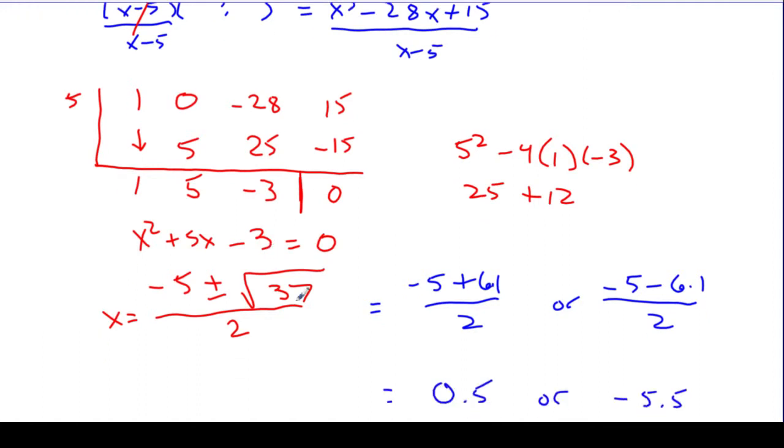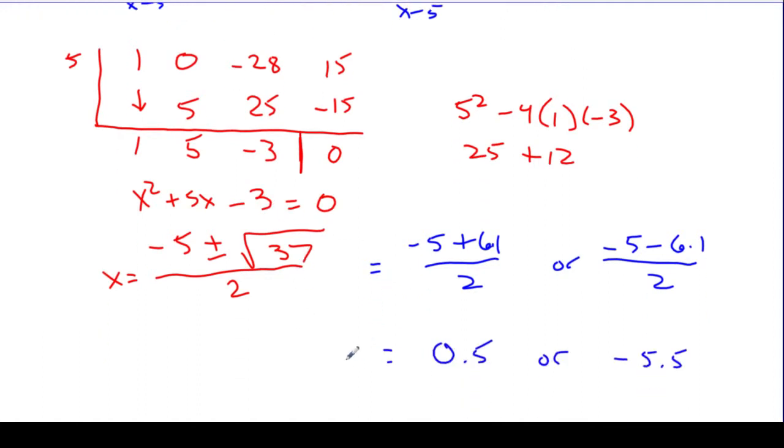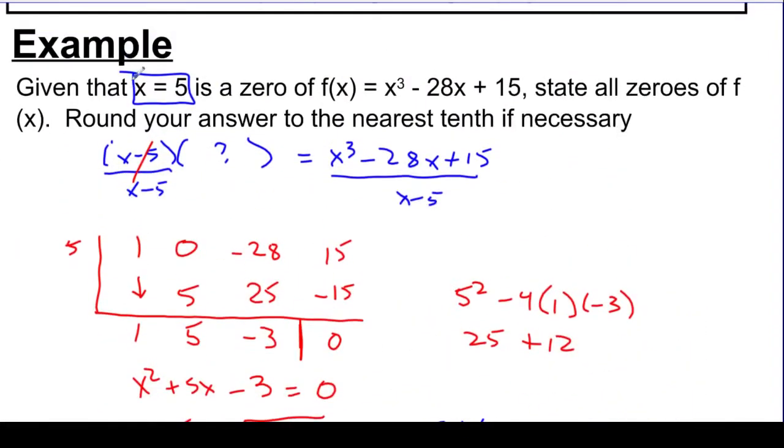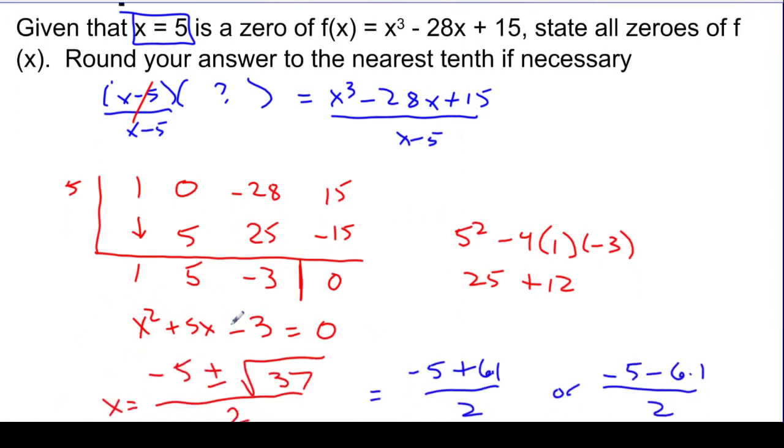The quadratic formula gave us the other two zeros: x equals 0.5 is one, and x equals negative 5.5 is the second one. So those two, plus the one they gave us, are your three zeros. We need to use everything we know about solving and dividing when we run into problems like this where factoring is not an option. We couldn't factor at the beginning, and we also couldn't factor after we figured out what our remaining factor was when we divided away x minus 5.